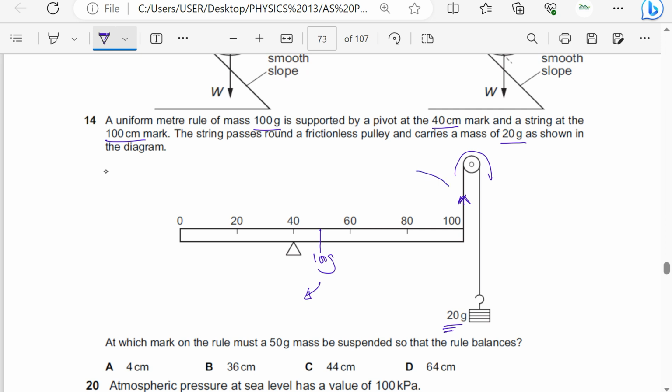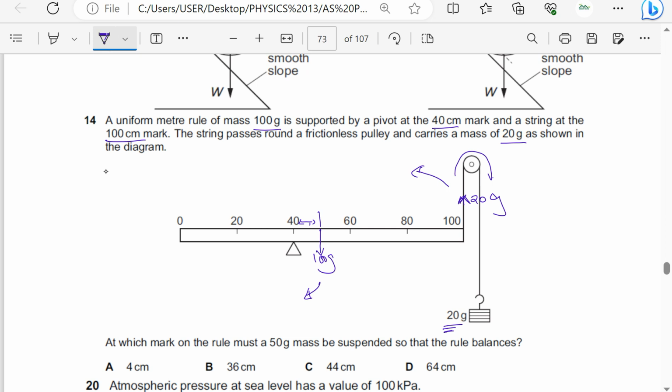The tension is causing anti-clockwise moments, but the anti-clockwise moment is actually going to be this tension here, which I can say is 20 times G, and this is going to be 100 times G. So this is 20 times this distance, which is 60, and this is 100 times this distance here, which is 10. So it means the anti-clockwise moment is greater.